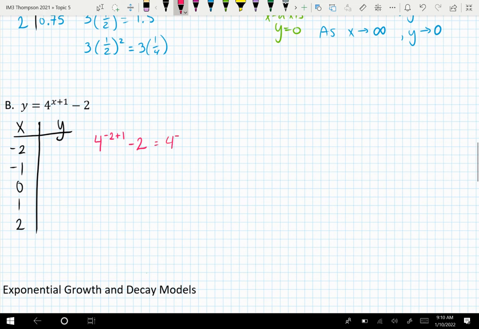That's 4 to the -1 minus 2. And that's 1/4 minus 2. I have -2, and if I add a fourth back, I get -1.75. Now, you may need a calculator to help you do that, and that's okay.